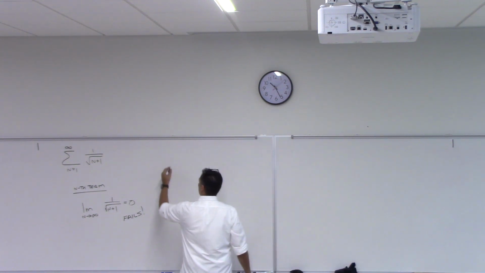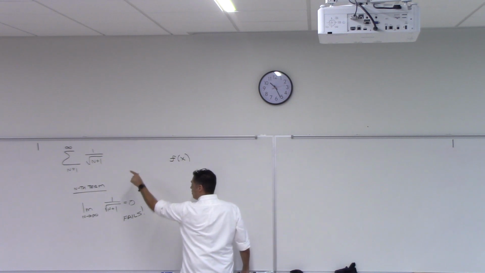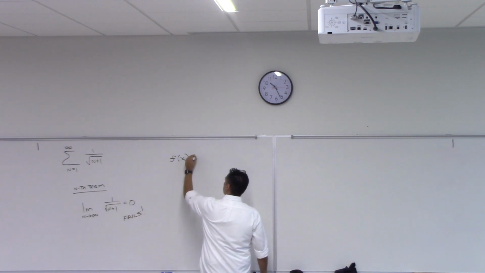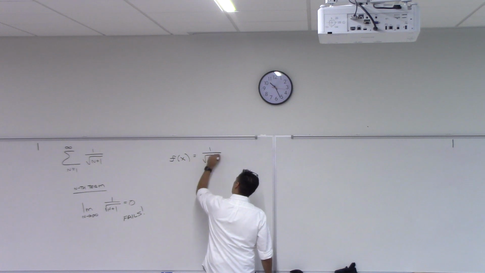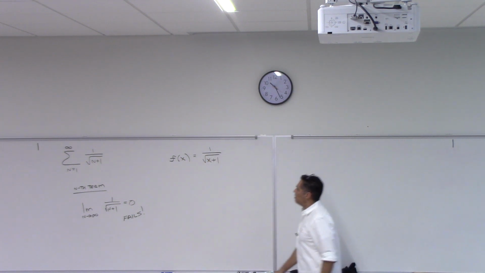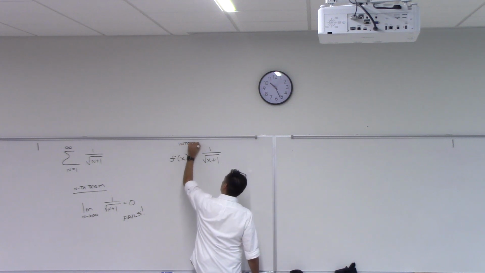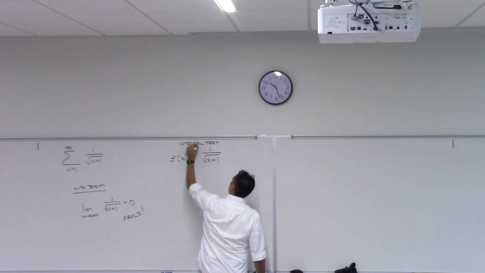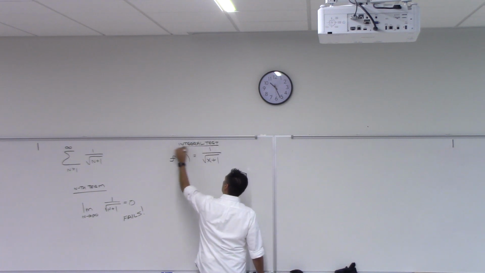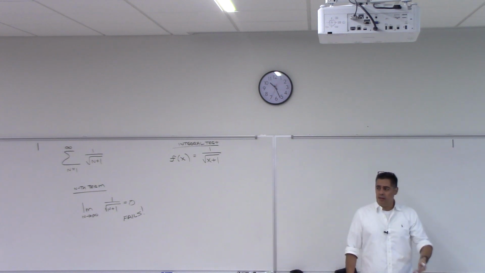So what I'm going to do first is convert the sequence to a function. I should let you know what I'm doing: the integral test. Now, I'm not just going to start cranking the integral out.